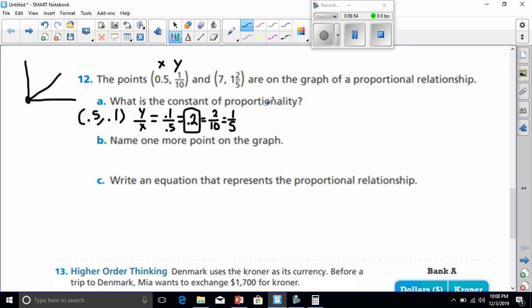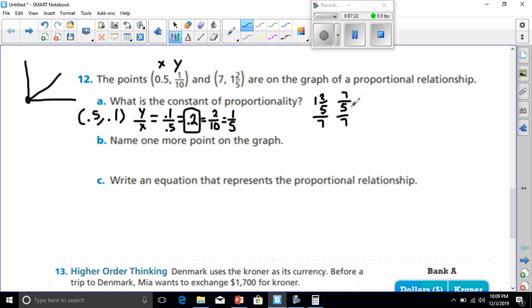Now, if we did this one, we would have 1 2/5 over 7. Well, we got to turn this into an improper fraction. 5 times 1 is 5, plus 2 is 7. So this is really 7 over 5 divided by 7.